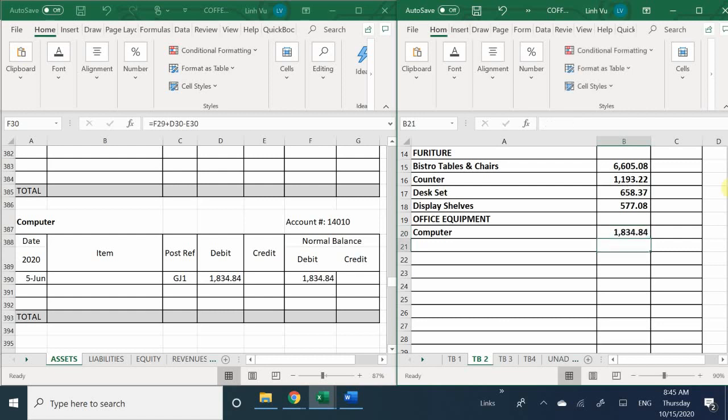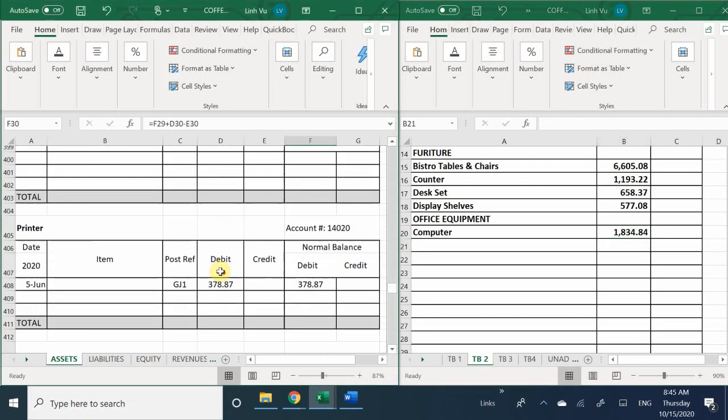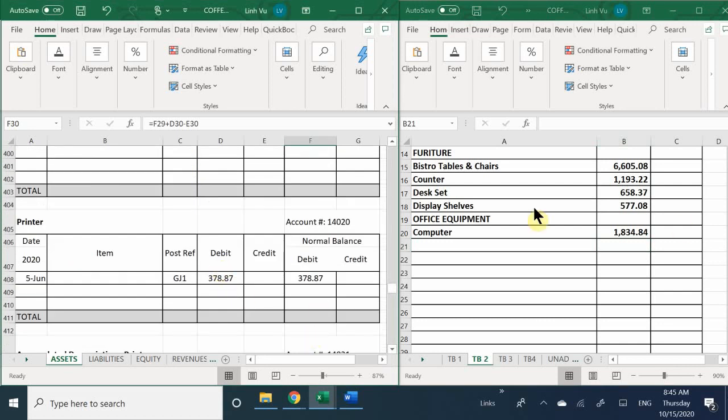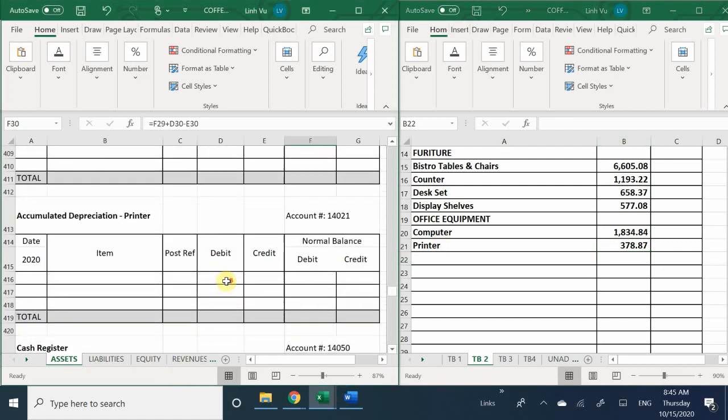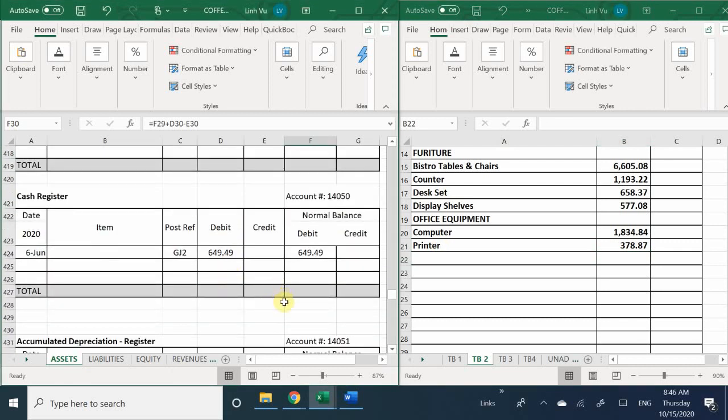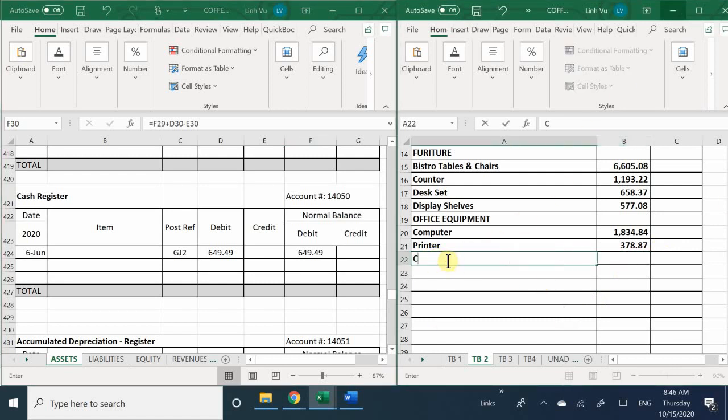I also bought a printer for $378.87. And I also bought a cash register for $649.49.